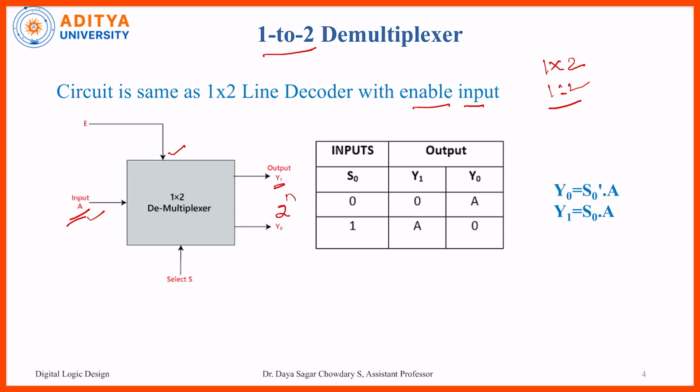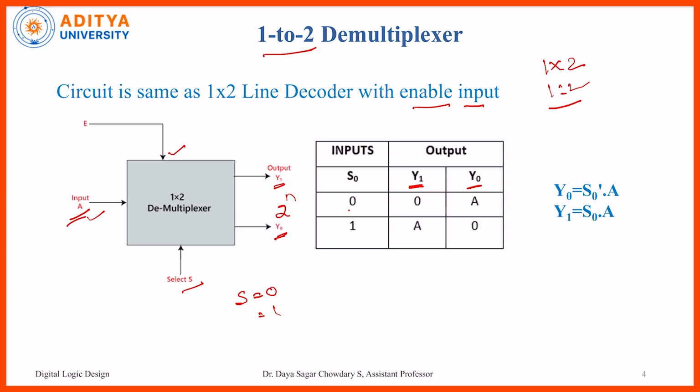Here the two outputs are Y1 and Y0, and there is only a single selection line, S, which is 0 or 1.